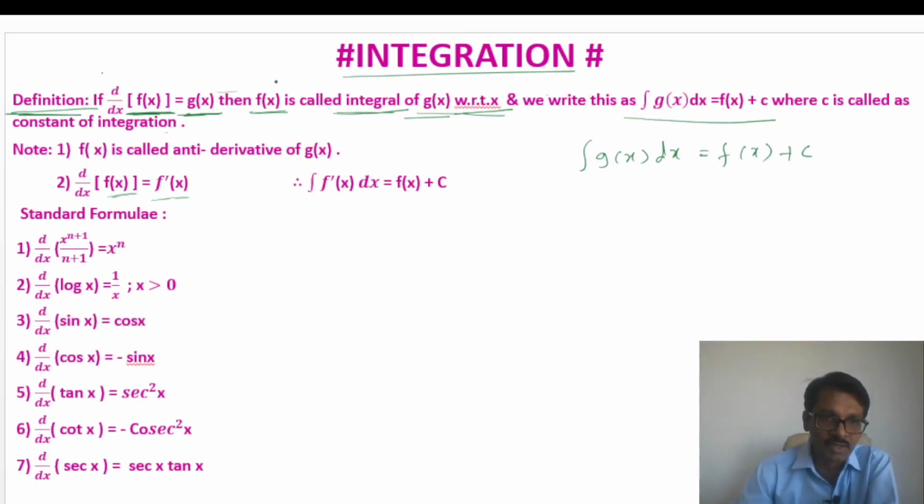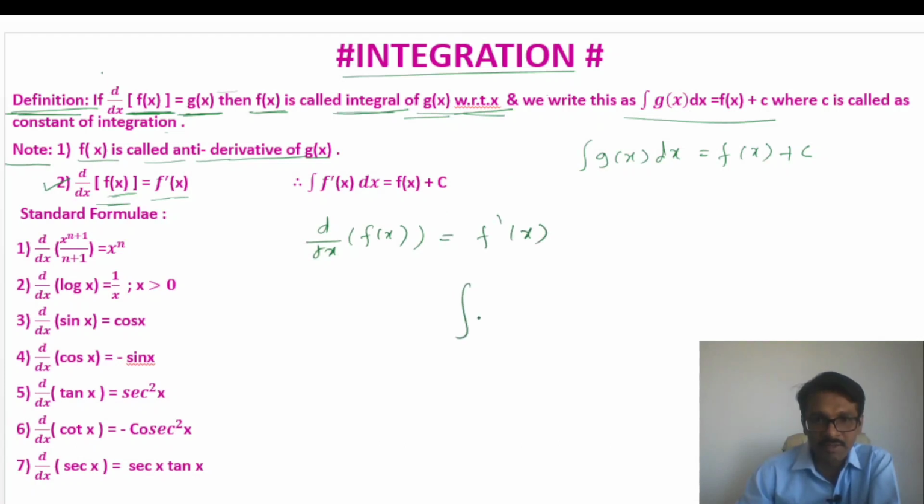If you find the integration, it is the anti-derivative. F of x is called the anti-derivative of g of x. It's a reverse process of the derivative. If we take the derivative of f of x, we get f dash x.